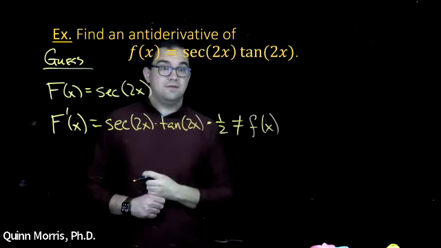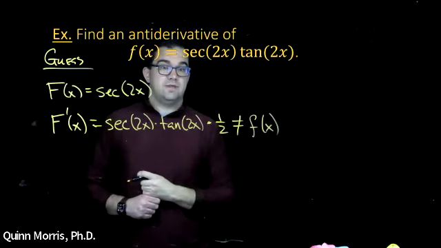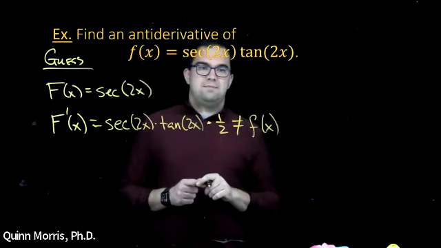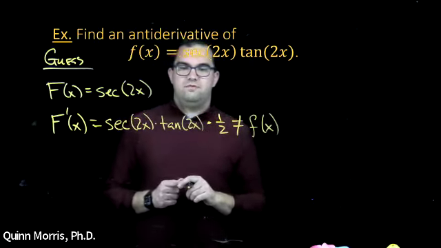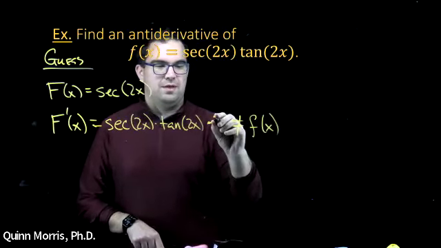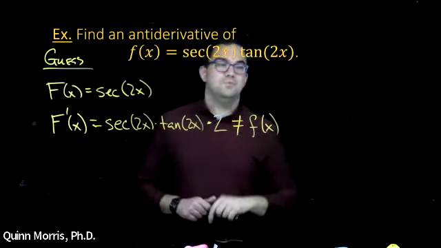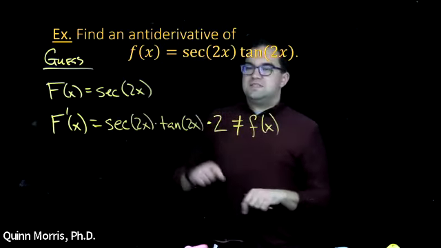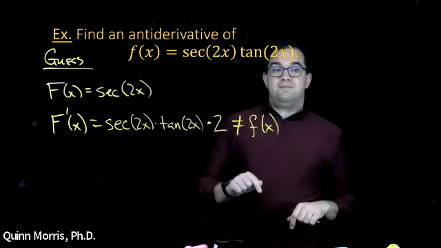So this is not an antiderivative. However, by looking at this, I might get a clue of how, as I multiplied by the derivative, which was 2. In either case, this is not f of x. Okay. But this gives me a clue for how I might fix this.